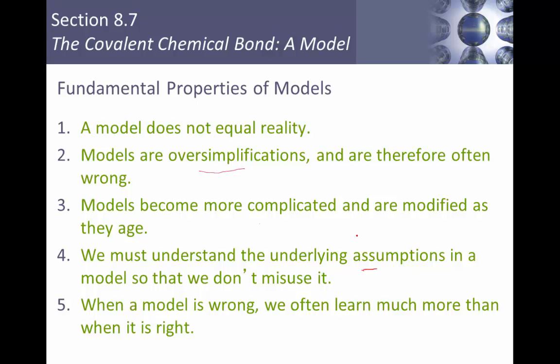But remember, the goal is to keep gaining understanding and keep building on the models that we have. So if the model's wrong, we can learn a lot more from it than necessarily if it's right. And so we will be talking about Lewis structures using a model, because then it lets us look at the geometry of different substances, which then lets us look at the kind of chemical behavior we're going to see between these different substances.